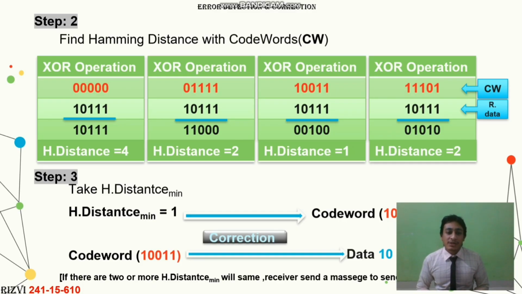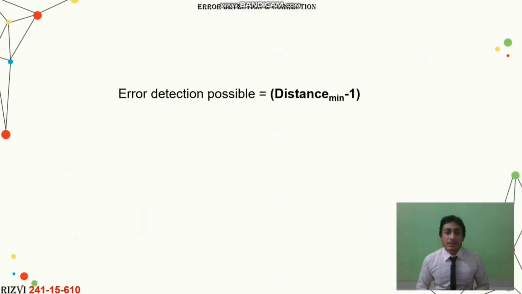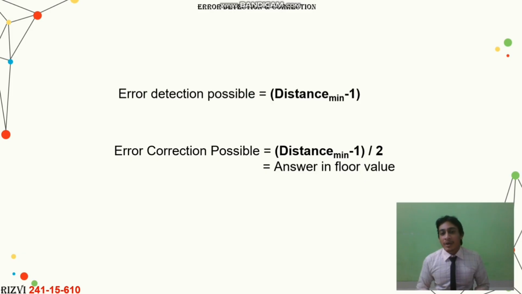Take the minimum distance, which is 1, and the code word is 10011, so the correction is 10011. If there are 2 or more Hamming distances the same for the receiver, send a message to the sender to send the message again. Error detection is possible up to Hamming distance minus 1, and error correction is possible up to (Hamming distance minus 1)/2, taking the floor value.